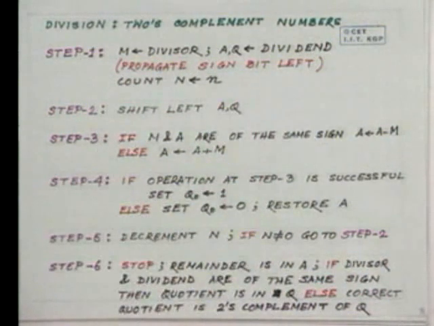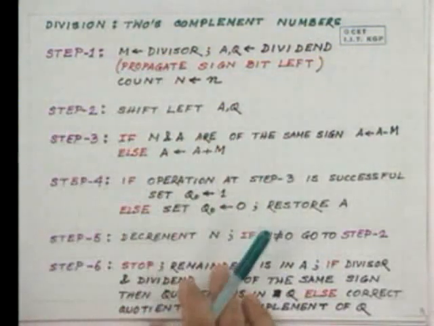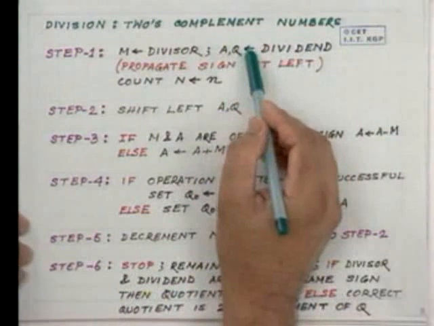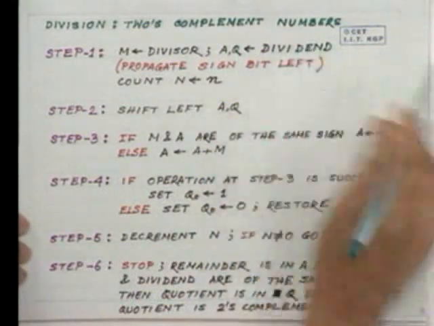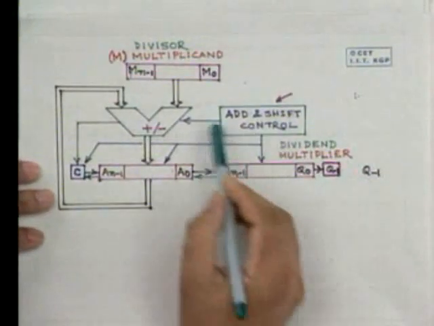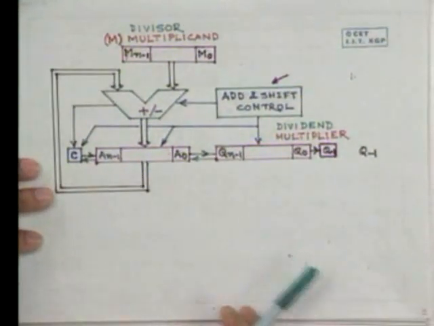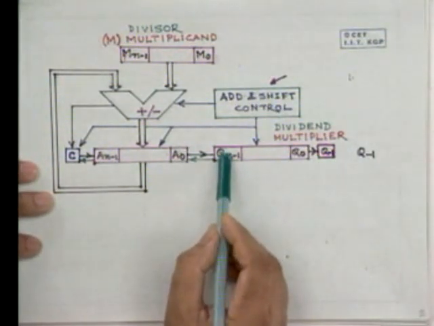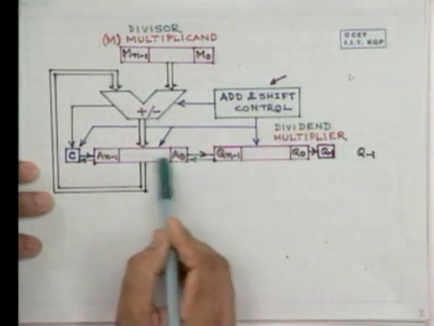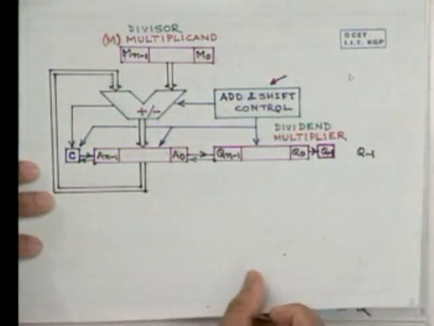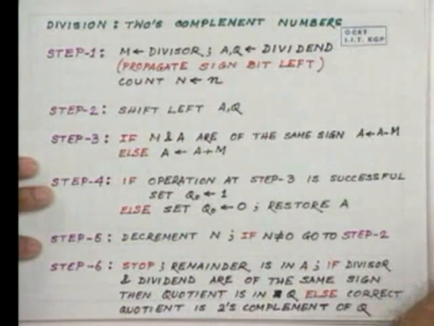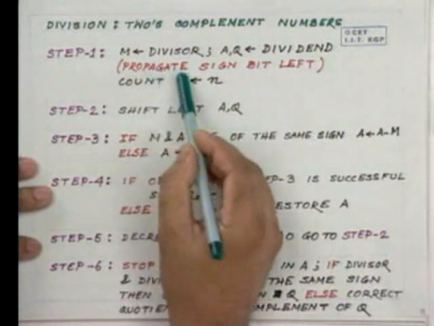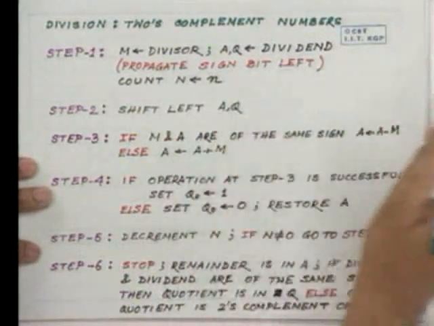First step is once more that the divisor is put to M and AQ is loaded with the dividend. Now here, when we load the AQ, as we said in the case of multiplication also, the sign bit that comes in the Q register is propagated into the A register. Therefore, we propagate the sign bit towards the left.